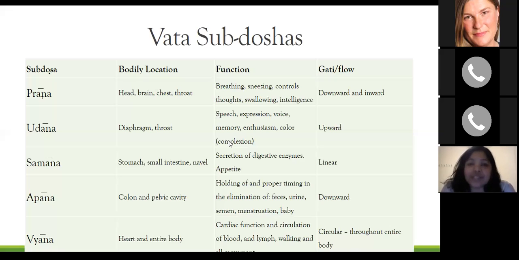So for instance, in the same example of shwasa or asthma, the cardinal sign and symptom of asthma is breathing difficulty. So from the time it starts, the person has an issue with breathing. However, that intensity or the difficulty of breathing becomes worse as it becomes more and more chronic.